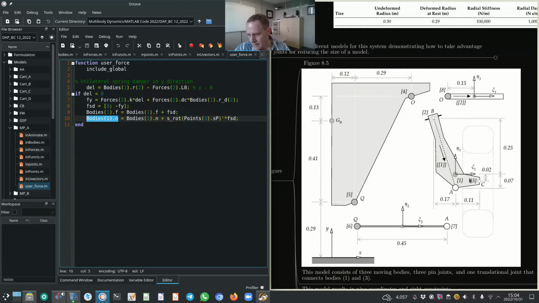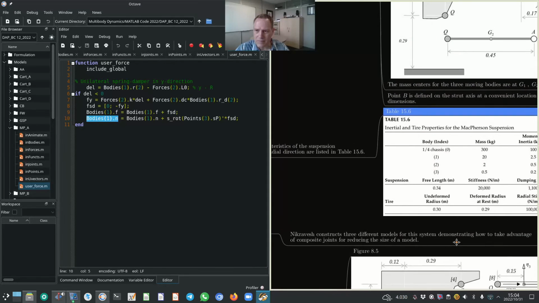If you look at where the wheel is indicated here on the right hand side, you can clearly see that the force will act in the middle of the wheel, and there's a moment arm between where the force acts and where the center of gravity is, and that was not the case for the double A arm suspension. Let me show you.